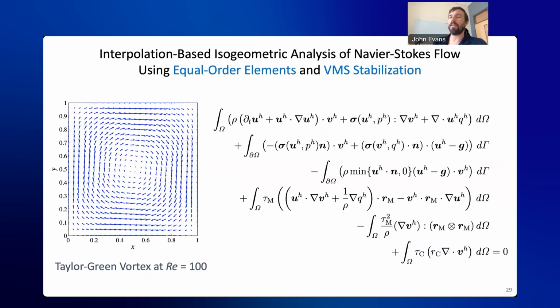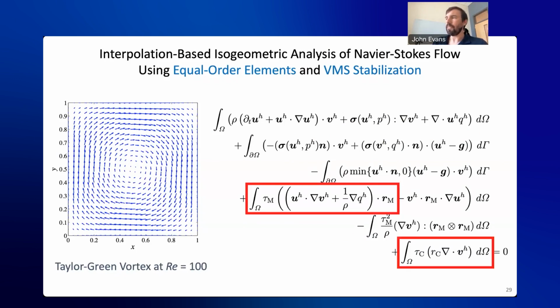For this example, we're going to look at a very simple problem, Taylor-Green vortex with a Reynolds number of 100. We're going to use equal order elements for the background, project onto the same foreground space, and add VMS stabilization to address advective instabilities, as well as a lack of satisfaction of the inf-sup condition between our velocity and pressure spaces.